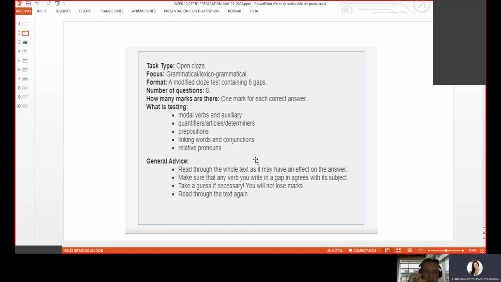Well, I need to put the correct verb. For example, it depends on the context of the sentence, and also the correct form of the verb, according to the time, the tense of the verb.